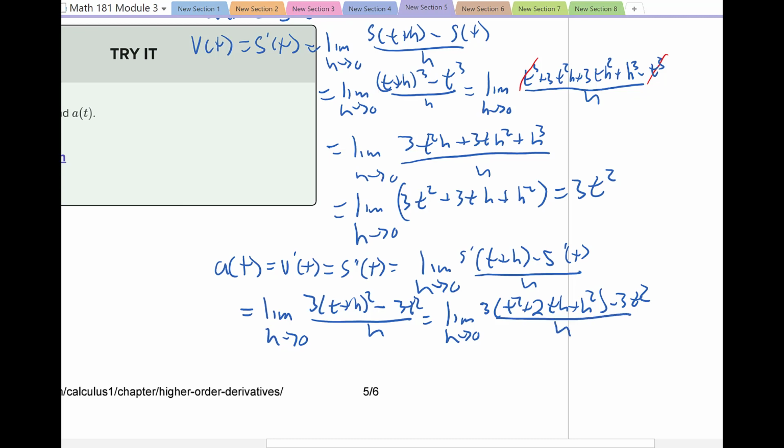You distribute the 3, we have the limit as h goes to 0 of 3t squared plus 6th plus 3h squared minus 3t squared all over h.